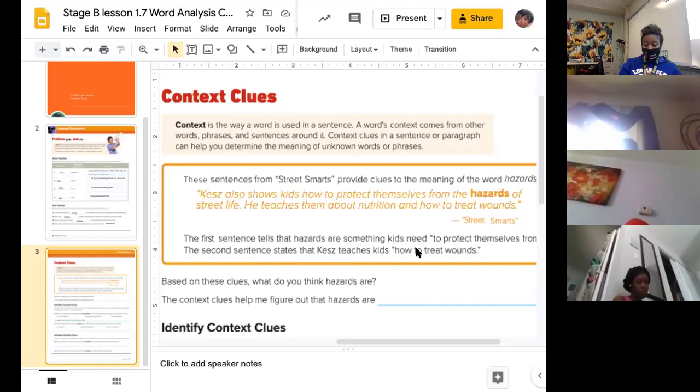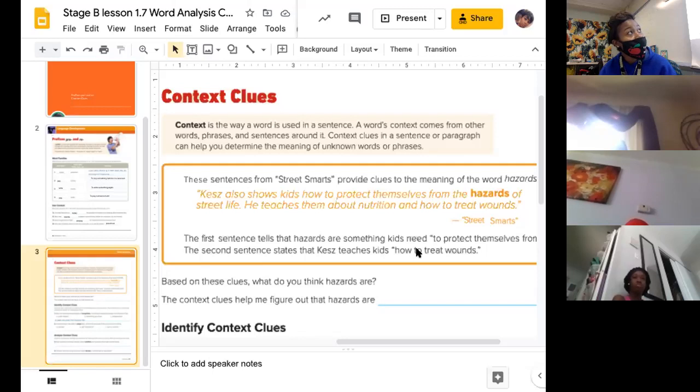If we go through the steps for hazards, we need to identify the part of speech. What part of speech do you think hazards is? Is it a noun, a verb, an adjective, an adverb? What do you guys think?